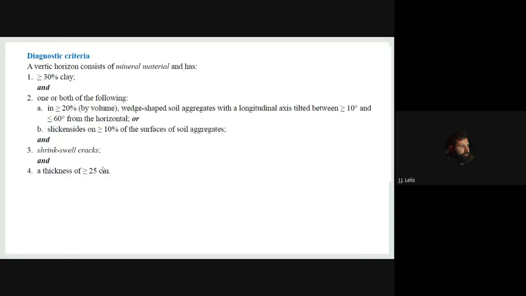The diagnostic criteria to identify a vertic horizon is that it possesses at least 30% of clay.